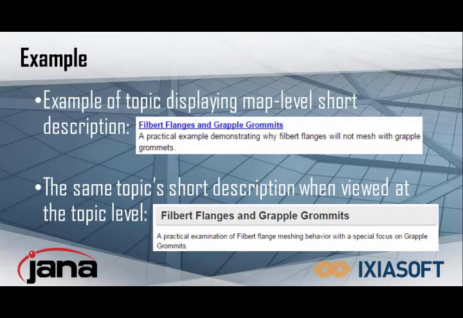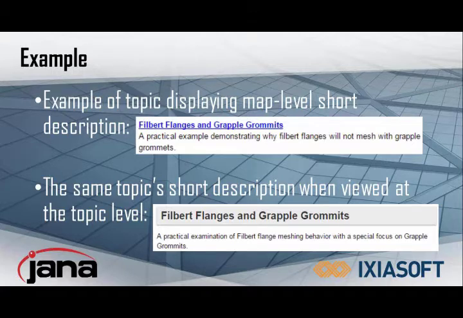It says: a practical examination of filbert flange meshing behavior with a special focus on grapple grommets. These two examples don't necessarily show how information can be disclosed specifically for these particular levels. This is really just to show how it works.